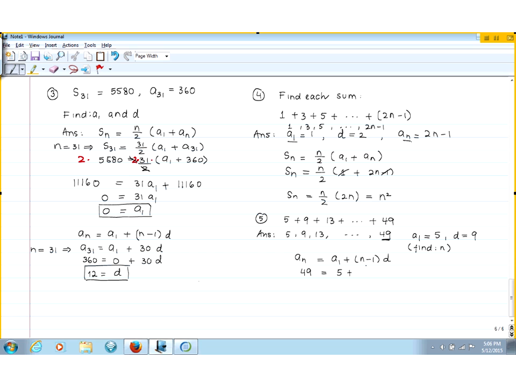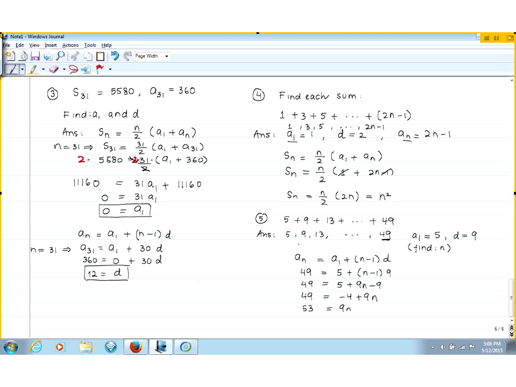So we know that an is 49, which is equal to 5 plus (n minus 1) times 9. Okay, so this is how we figure out n. 49 is 5 plus 9n minus 9. So 49 is equal to negative 4 plus 9n. So 9n is equal to, what is this, 53?